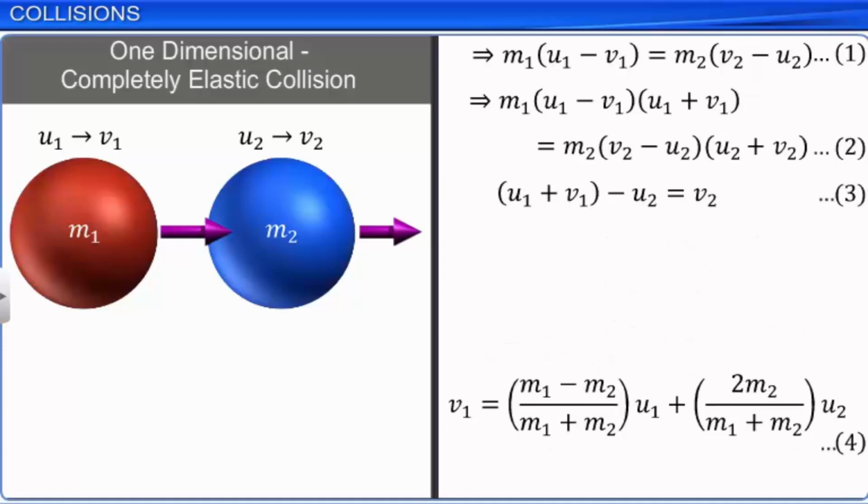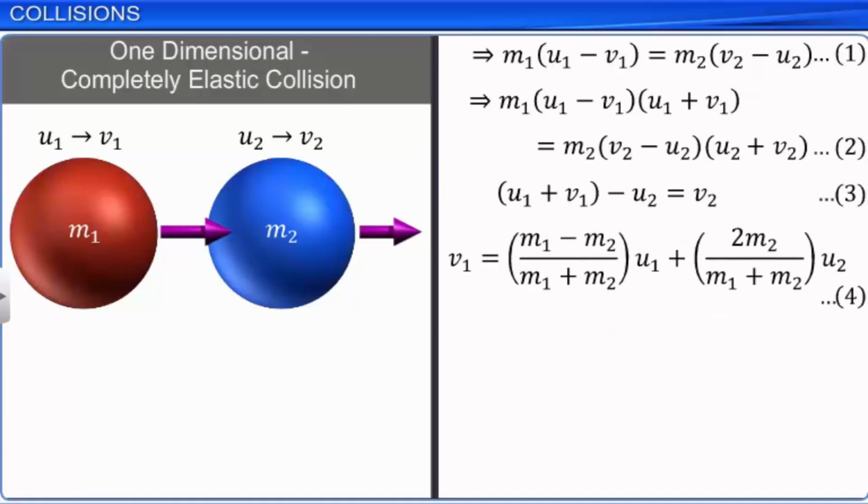From equation 3, we get v1 is equal to v2 plus u2 minus u1. Let this be equation 5.